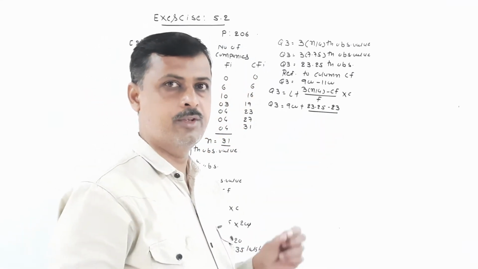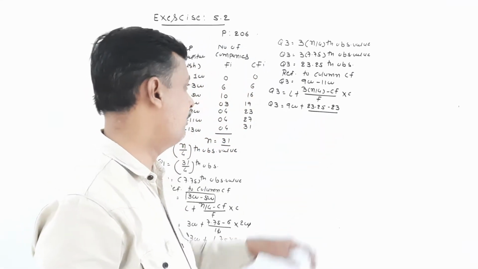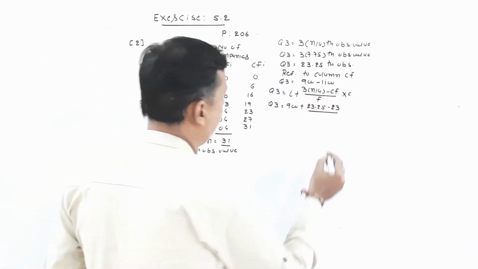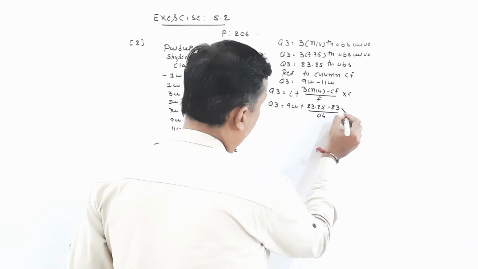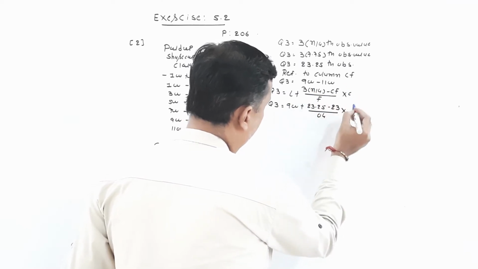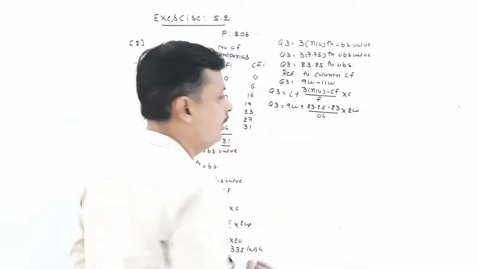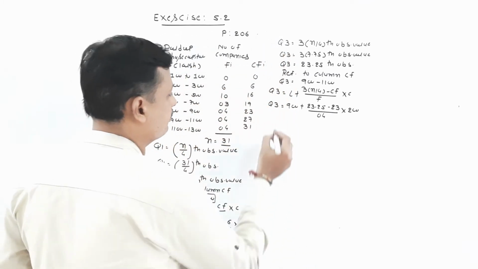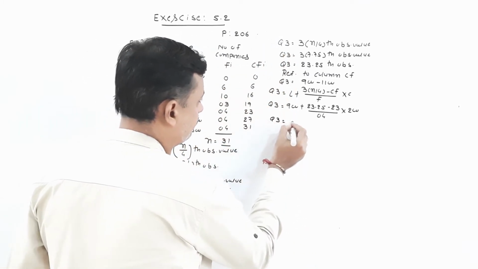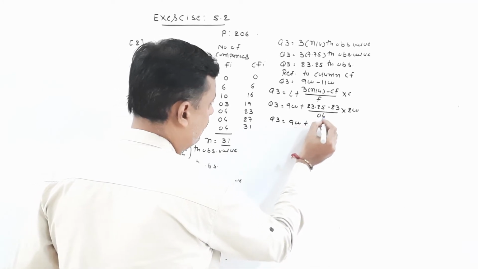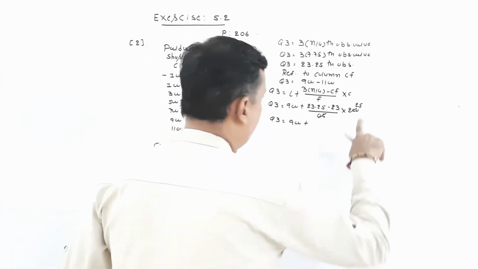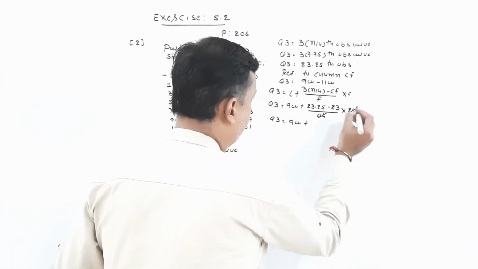F for frequency of Q3 class is 4, and class length is 200, divided by 4, that is 50.